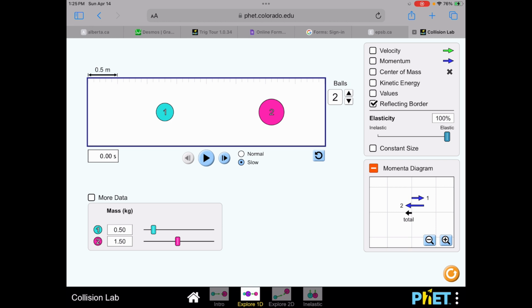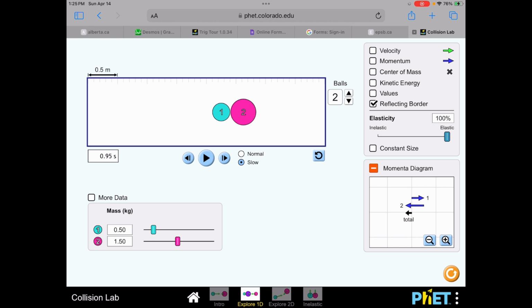Now let's think about the force and how long it's acting on each ball, because we know the forces are equal but opposite, right? And they're also acting for the same amount of time, because how could it be different amounts of time? The force is there while the balls are in contact. As long as they're in contact, blue is pushing pink to the right, and pink is pushing blue to the left.